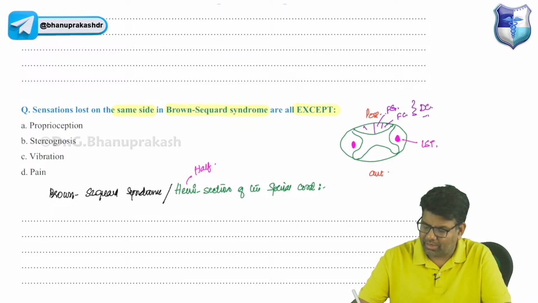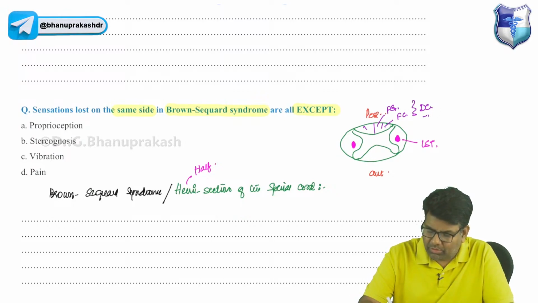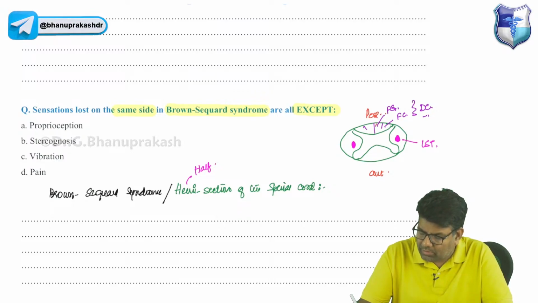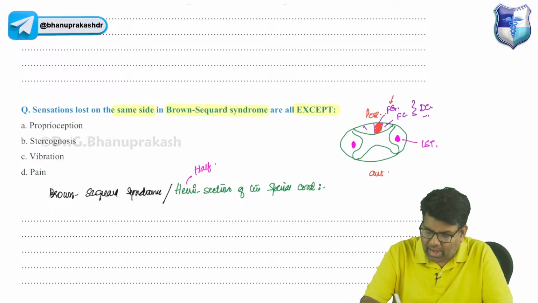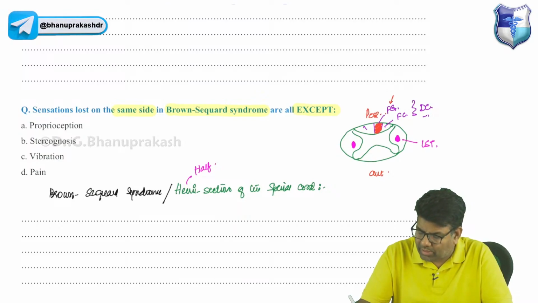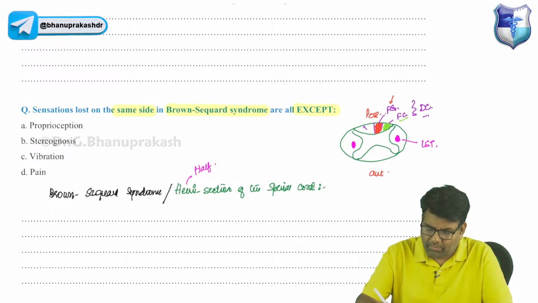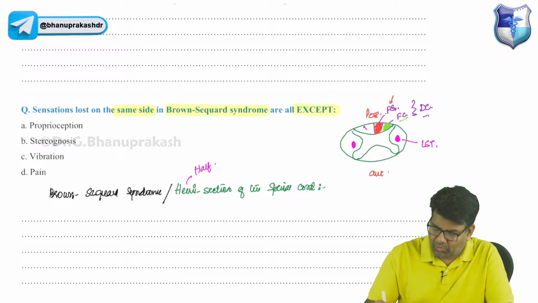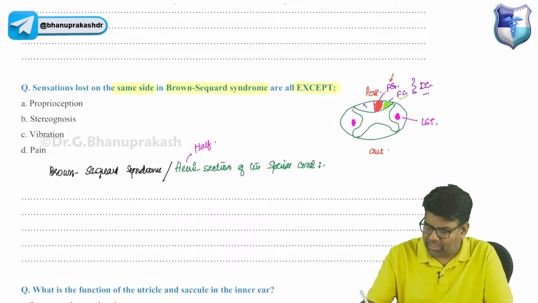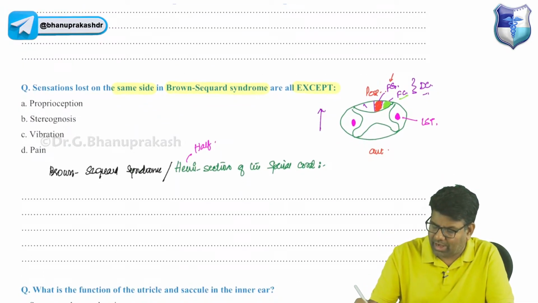So this is the arrangement. Now we should know what modalities are carried by these ascending tracts. Now these are ascending tracts.